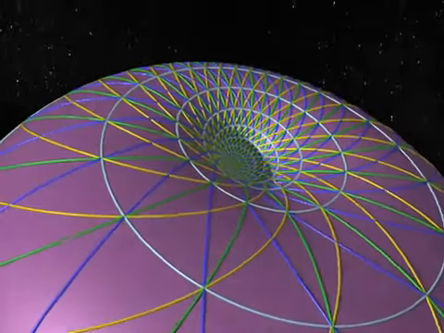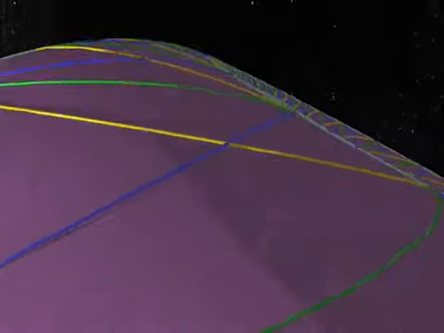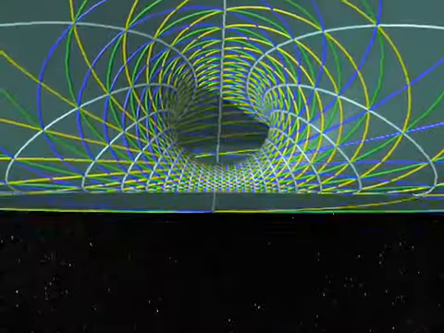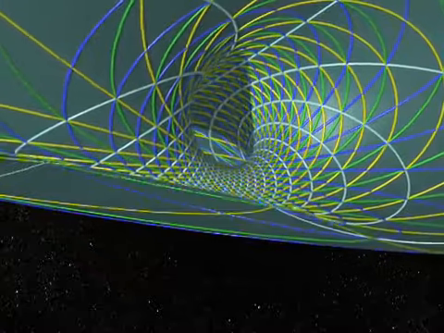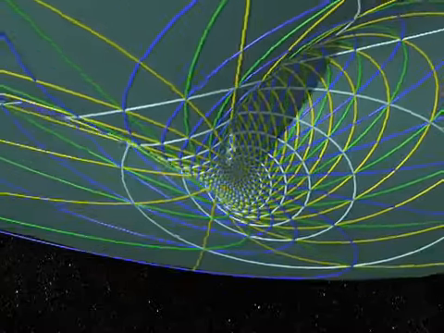A simple rotation in the fourth dimension, and bingo, green turns into pink, and pink into green. Isn't that magnificent?